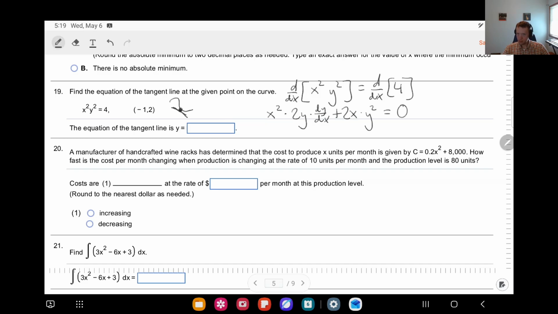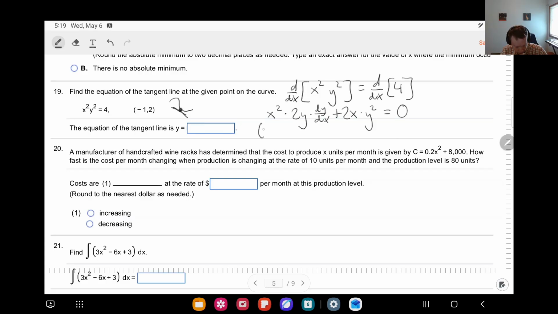And now we could do algebra to solve for dy dx. That's actually really not all that necessary in this problem, at least not yet, because really, I could just start plugging in this x and y value now. And that might make life a little easier.